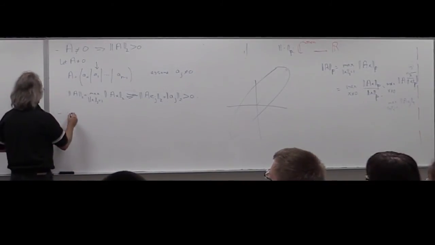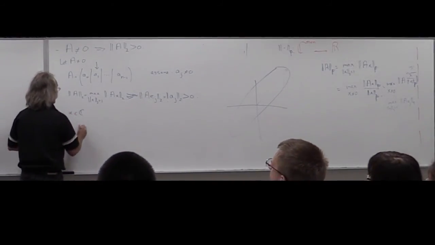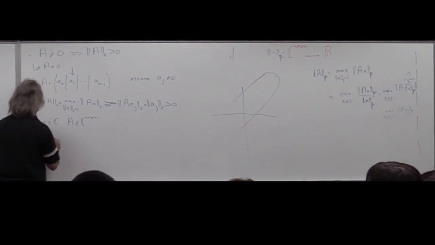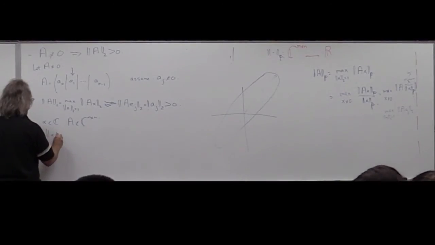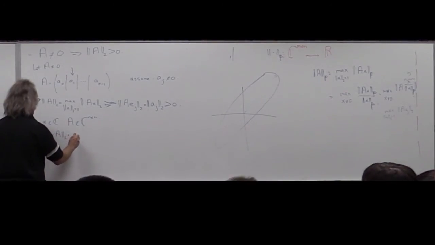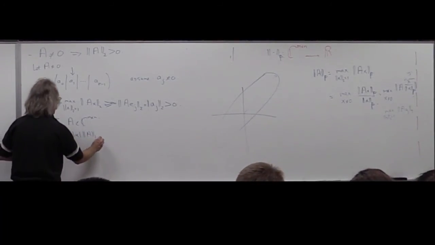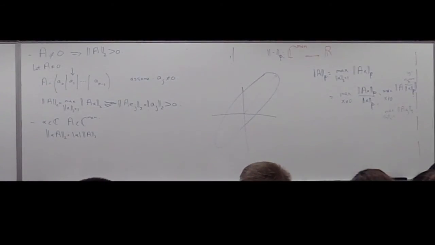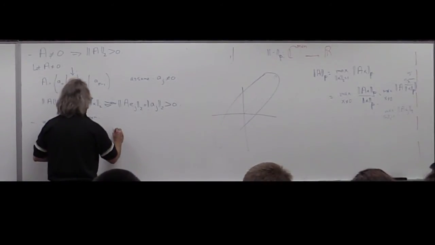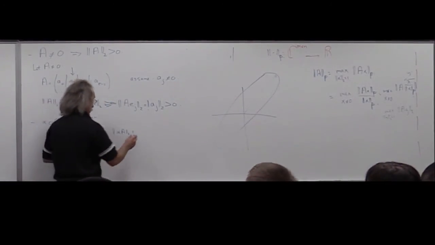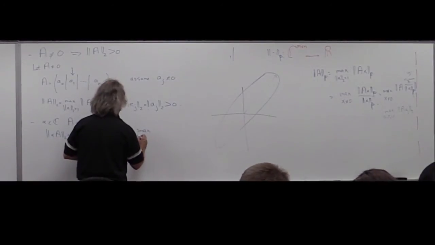The second thing we want is that if alpha is a complex number and A is a matrix, then we want it to be the case that alpha times A in 2 norm is equal to the absolute value of alpha times the 2 norm of A. Well, notice that the 2 norm of alpha times A is just equal to, we just go back to the definition.